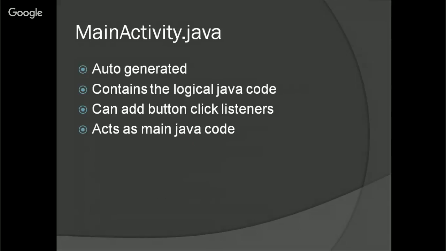If there is a button on your Android application, then this particular activity.java file can decide how that particular button is going to work, because you will be able to add Java code inside of that particular button over there.